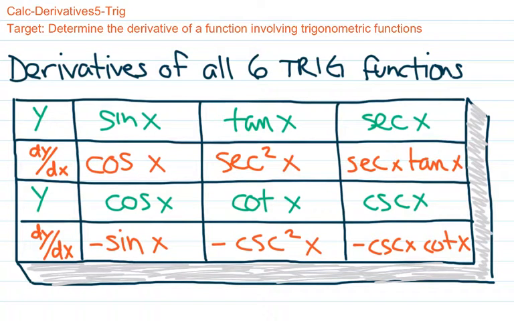So that, my learning earthlings, is the derivative, or are the derivatives, of all the 6 trig functions. They seem daunting at first, but they are not too bad. The more we analyze them in different ways, the more that we'll remember them, and the more exercises we try, we will get familiar with them.